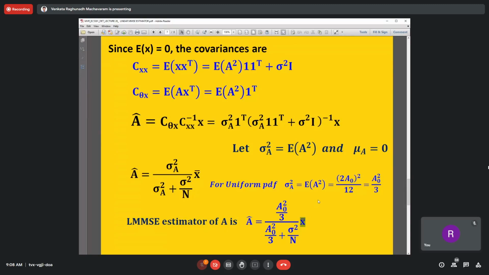So this is how the linear minimum mean squared error estimator for your parameter with a uniform density function looks. Why is this example so important for us? Because I have already justified many times the analogy you try to pick up for RF sampling.